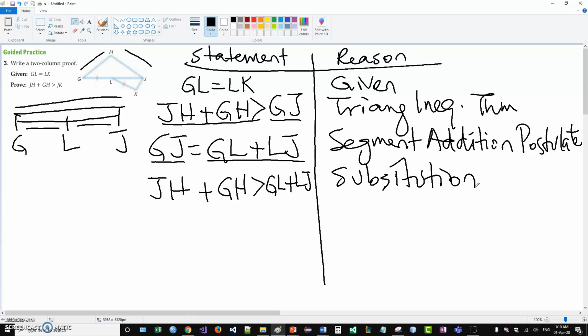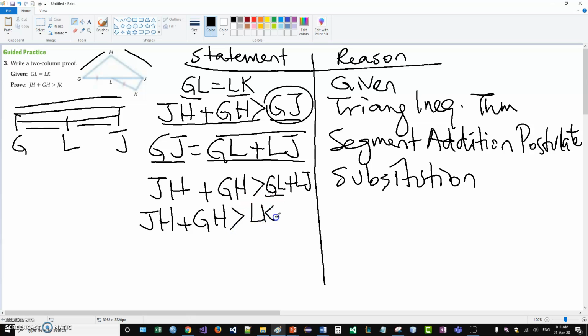So we substituted this for this. Next, we're given that GL equals LK, so we're going to replace this GL with LK, so we can say JH plus GH is greater than LK plus LJ. Again, substitution.